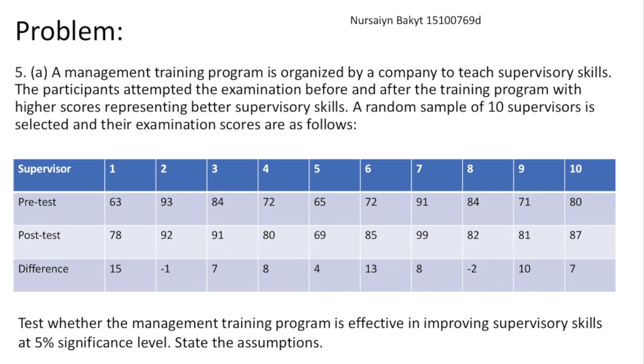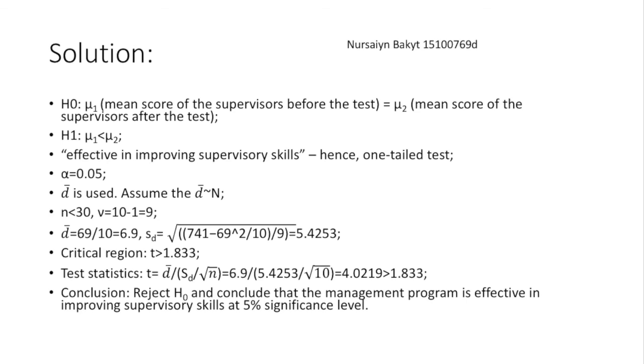State the assumptions. The solution is that if we denote mu1 as the mean score of the supervisors before the test and mu2 as the mean score of the supervisors after the test, we set the null hypothesis as mu1 is equal to mu2.